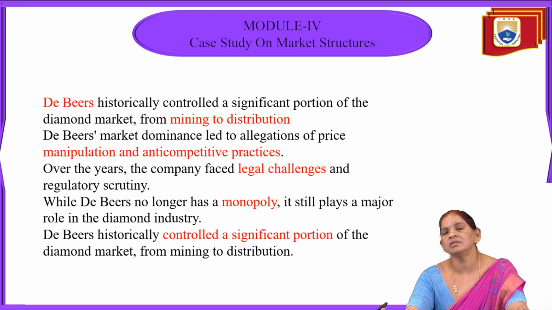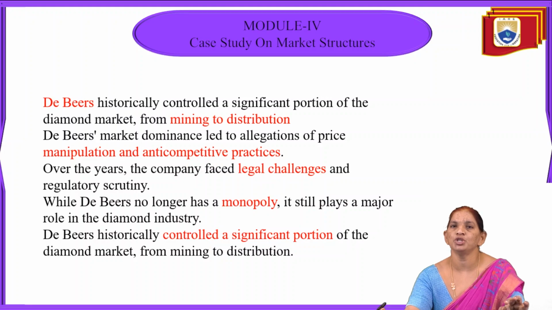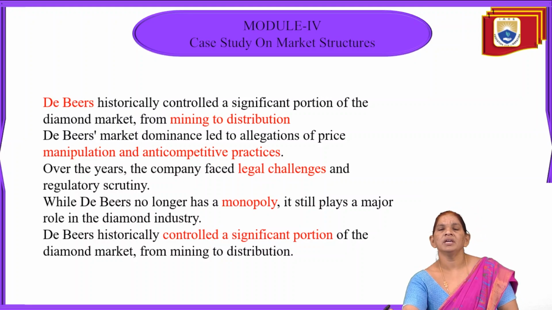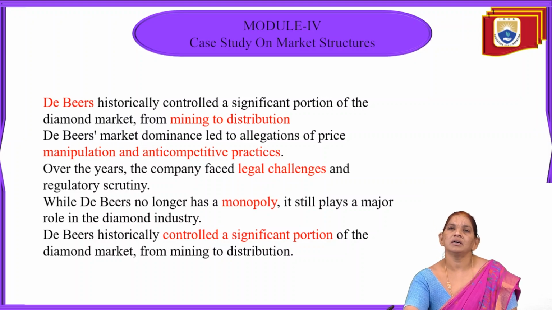Since it is a company involved in producing, distributing and marketing diamonds, itself involved in the distribution network, once it became a dominant company it received allegations of price manipulation and anti-competitive practices.